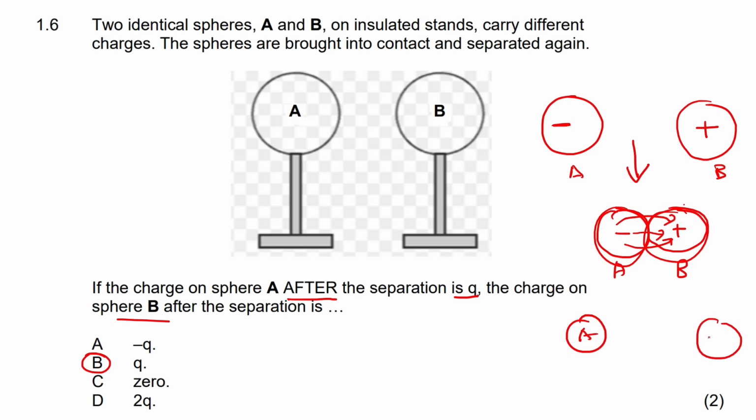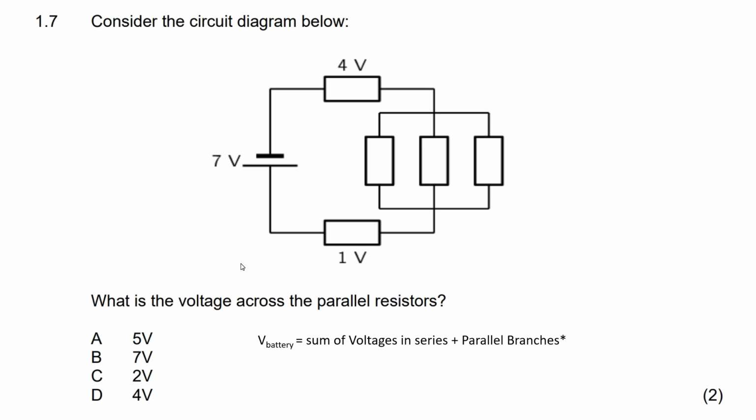Because some of the electrons have moved over, they kept moving over until the charges on A and B are exactly the same. So if the charge on A is Q, then the charge on B is also Q. Don't say negative Q. The rule doesn't say that they're going to be opposite. No, they actually become exactly the same. So if this one is a Q, then the other one is also a Q.